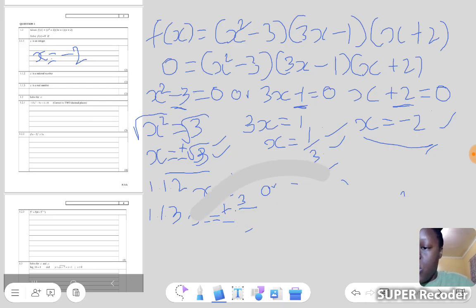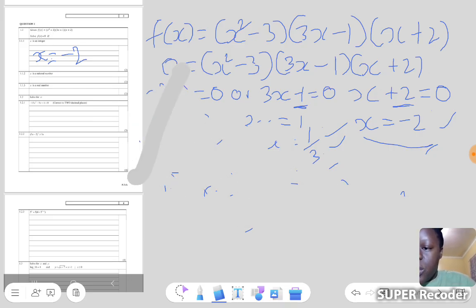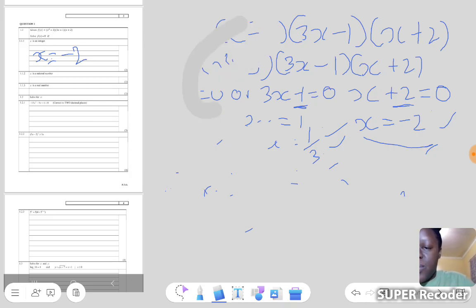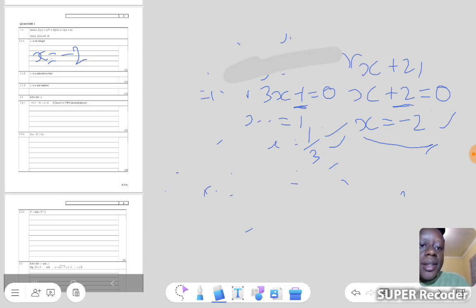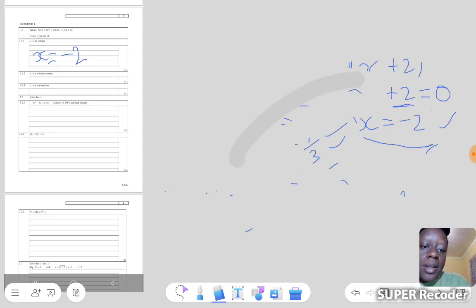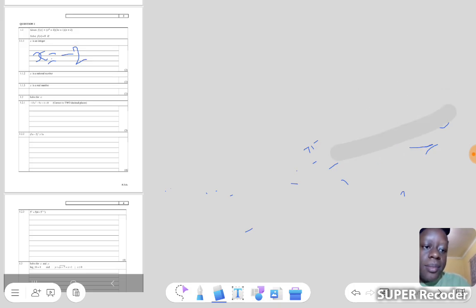Let's go to 1.2, wherein we have to solve for x given a problem as follows.